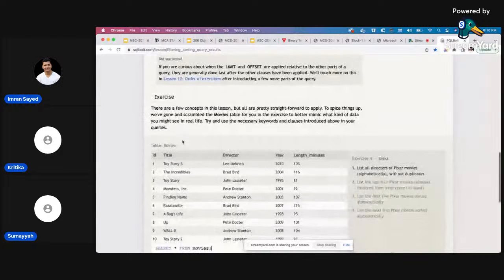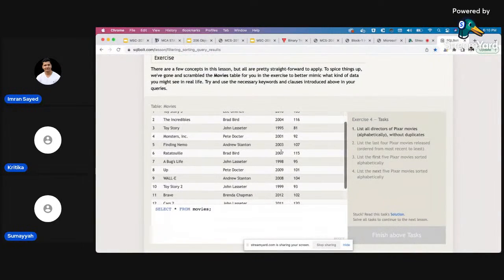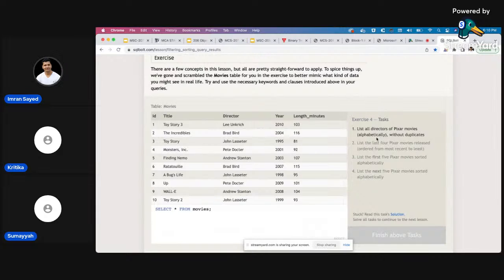Okay, so we're going to apply those concepts here. List all the directors of Pixar movies alphabetically without any duplicates. So select all from movies.